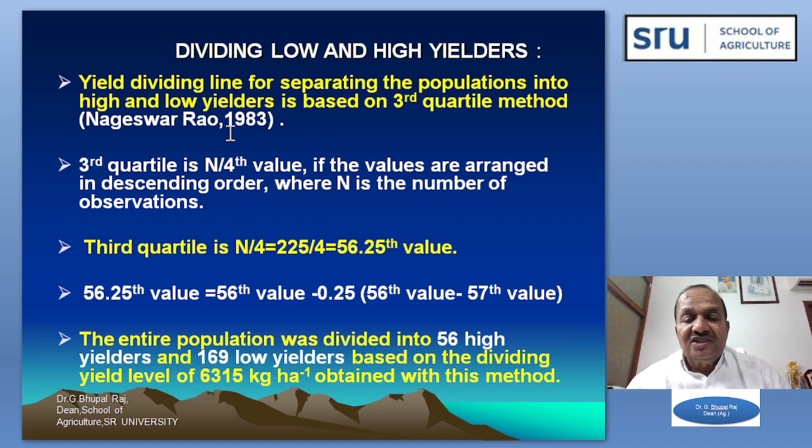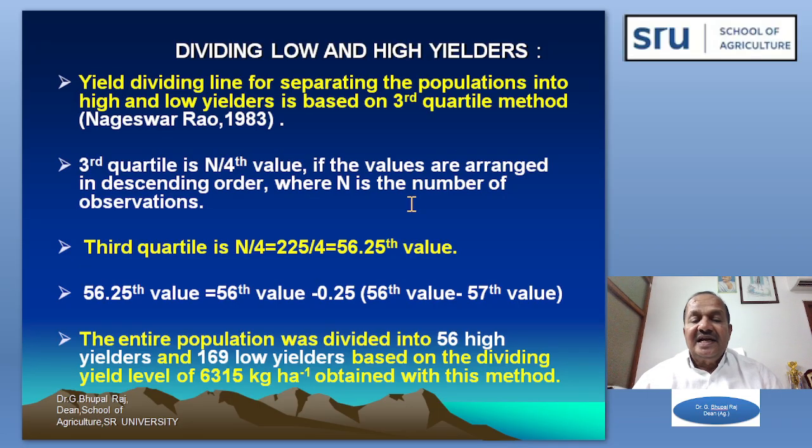Here, Nageshwara Rao 1983, a famous statistician, developed a method, the third quartile method, which is used in our studies to divide the population into high yielders and low yielders. The third quartile method is nothing but the n by fourth value, where n is the total number of observations.